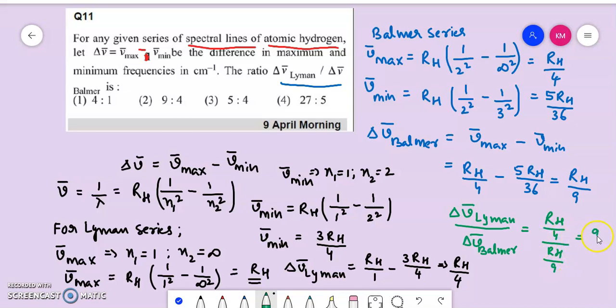That gives you 9 by 4, so the ratio is 9:4. So option 2 is the correct answer for this. Hope you understand, children. A little bit lengthy, but it's a tricky question. Based on the whole atomic structure discussion, now you will be able to understand what type of questions they are asking in JEE Mains.